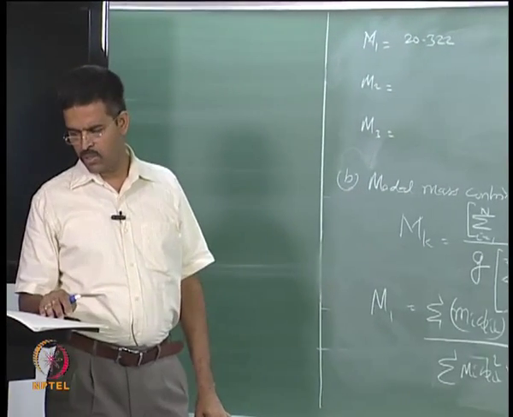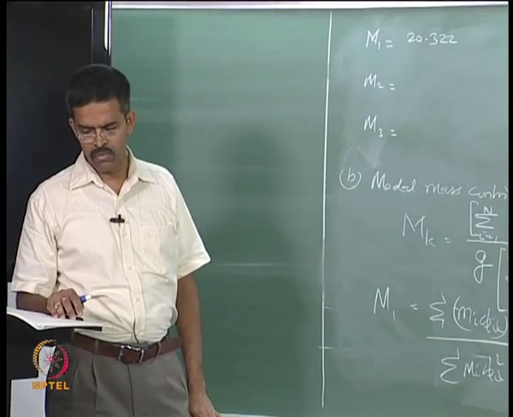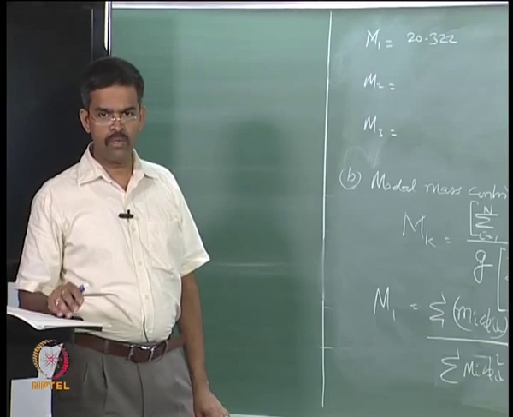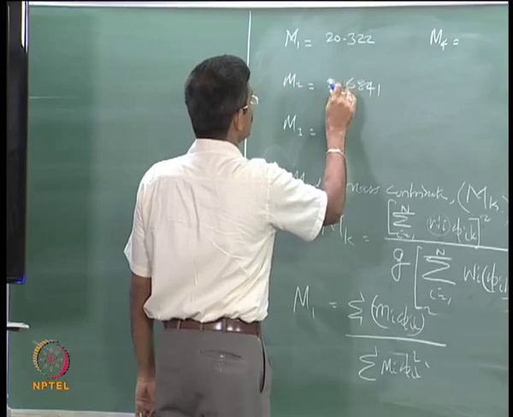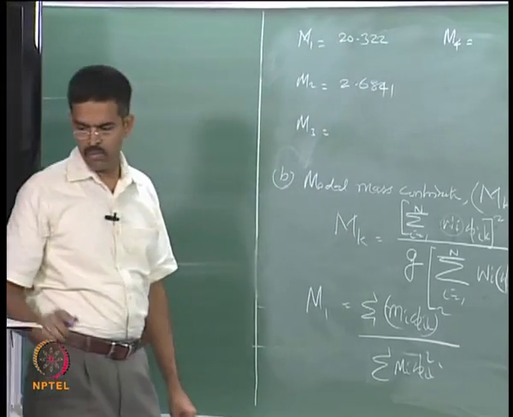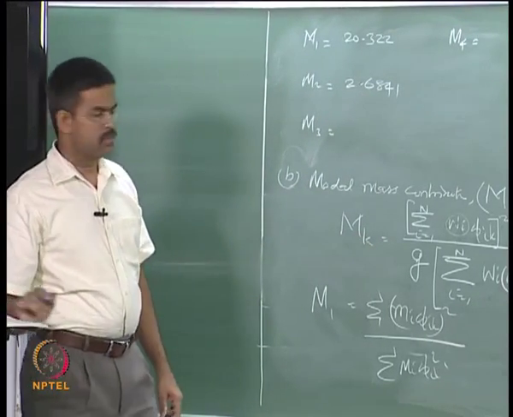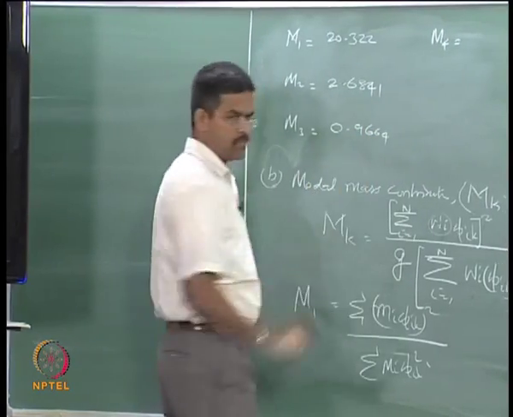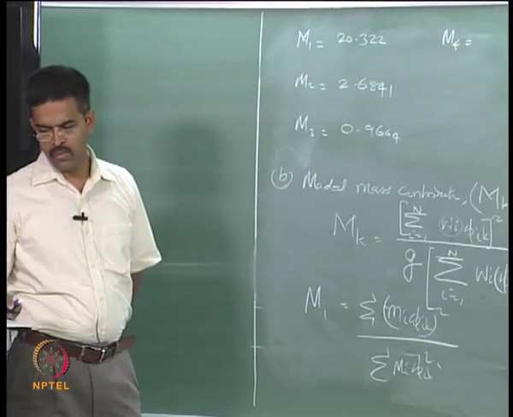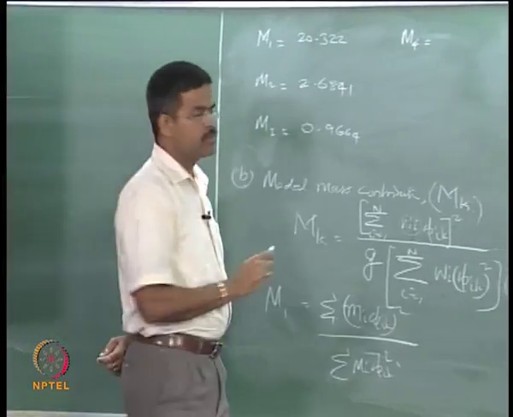If you have skipped those things, then it is difficult. What is M2? 2.6841. What is M3? 0.9664. And what is M4? 0.0246.